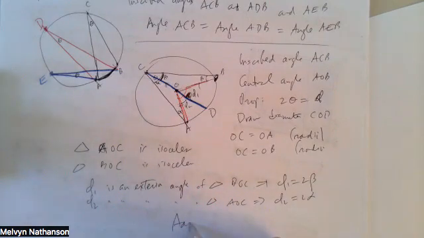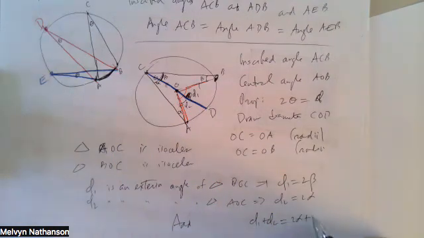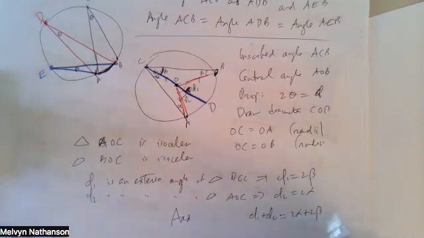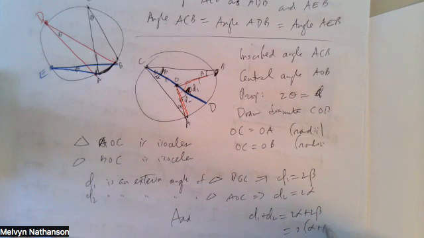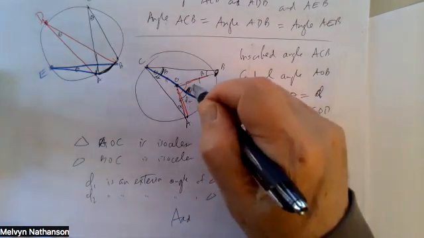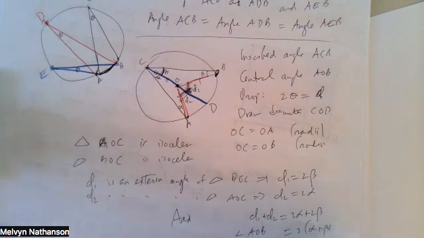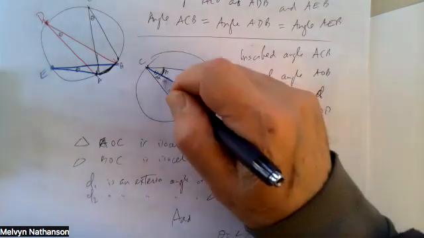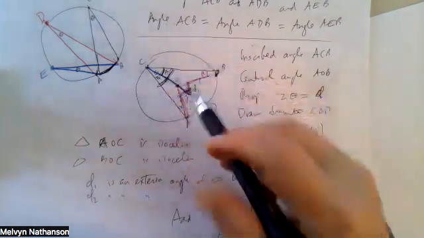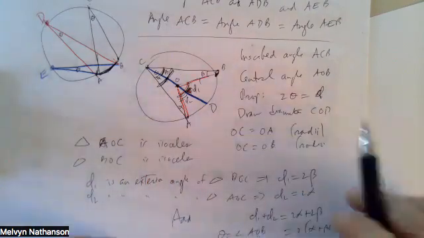If you add, you get phi1 plus phi2 is 2 alpha plus 2 beta, which is 2 times alpha plus beta, and phi1 plus phi2 is this angle AOB, the central angle. And alpha plus beta is this angle ACB.